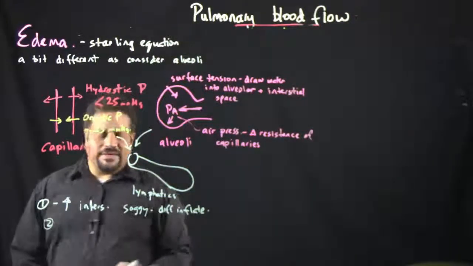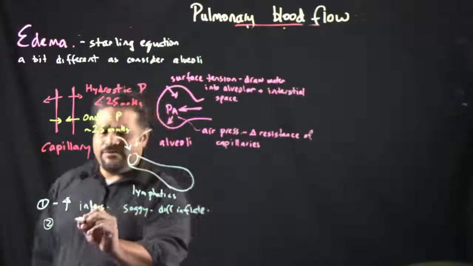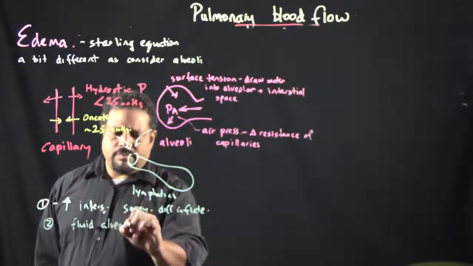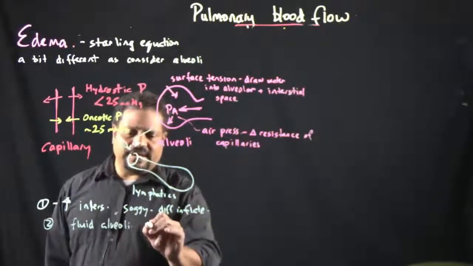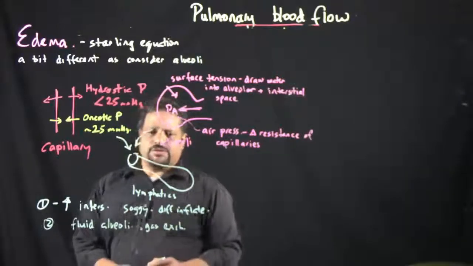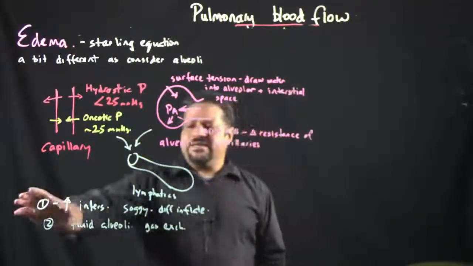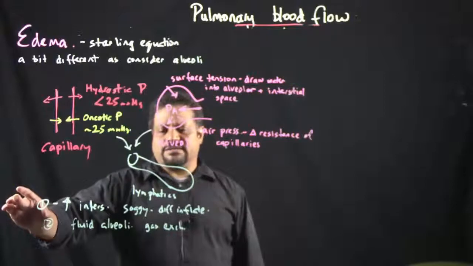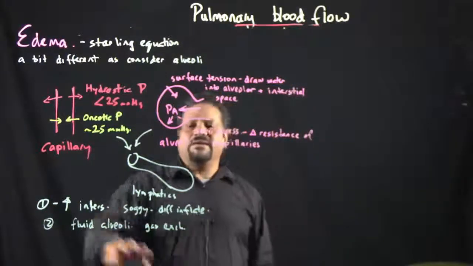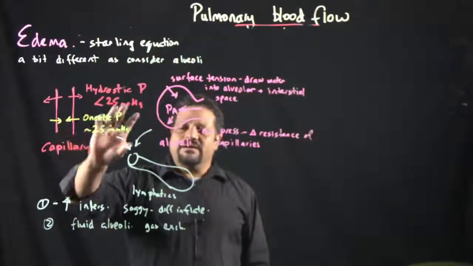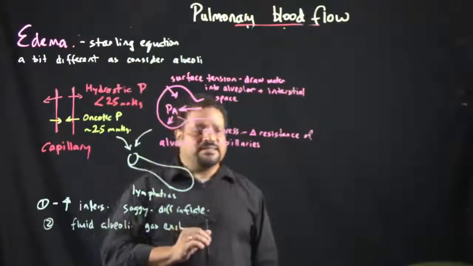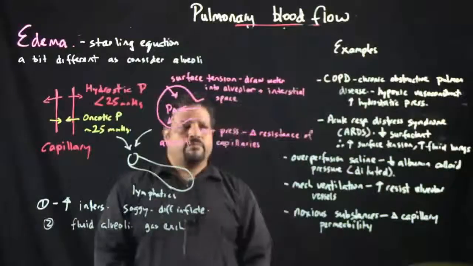If that edema continues, then you're going to get fluid into the alveoli, and you're going to affect gas exchange. So with edema, you first get an increase in fluid in the interstitial space. The lungs become soggy, a little bit heavy, difficult to inflate. And as this edema continues, you get fluid coming into the alveoli, and it affects gas exchange.